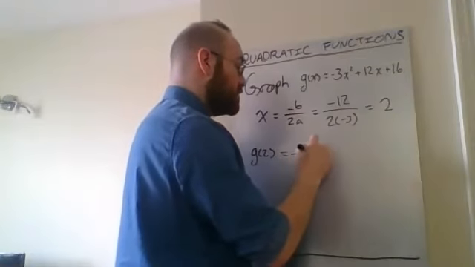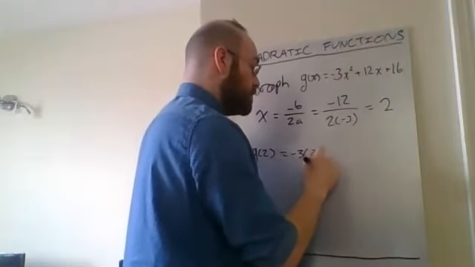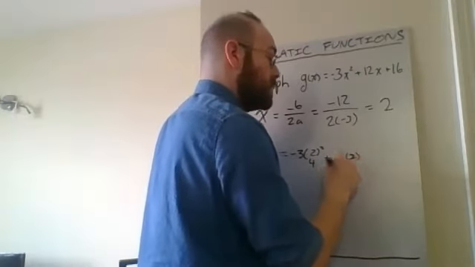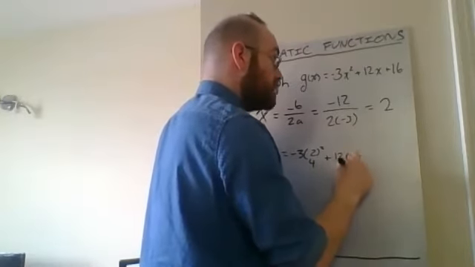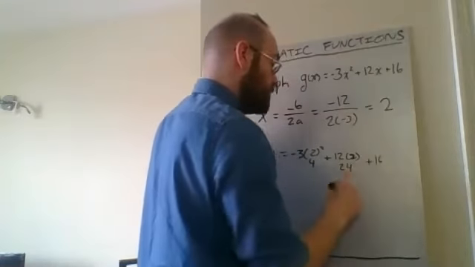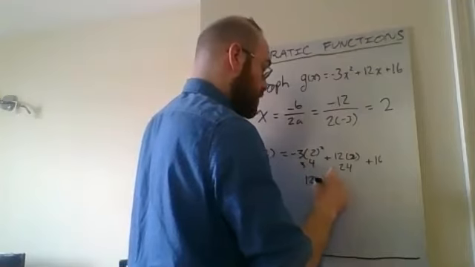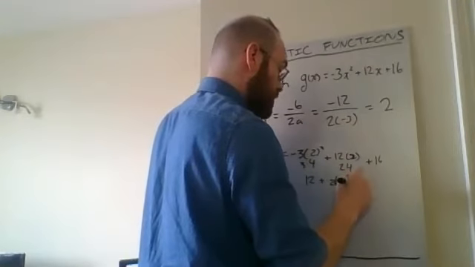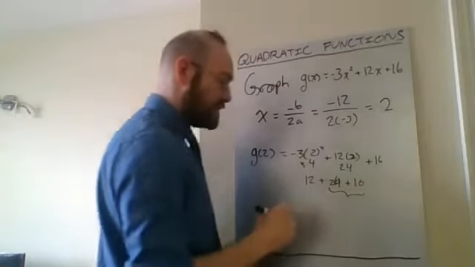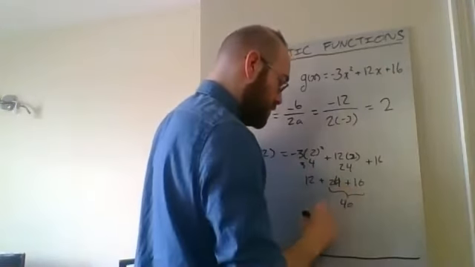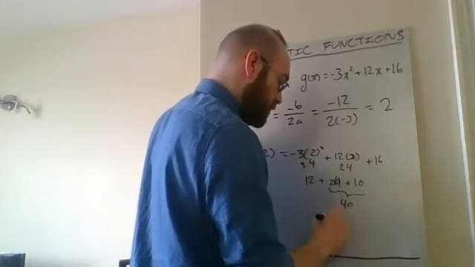That's negative 3 times 2 squared, 4, plus 2 times 12 times 2 is 24 plus 16. That's going to be 12 plus 24 plus 16. These add up nicely. 30 to 40, and so 52.